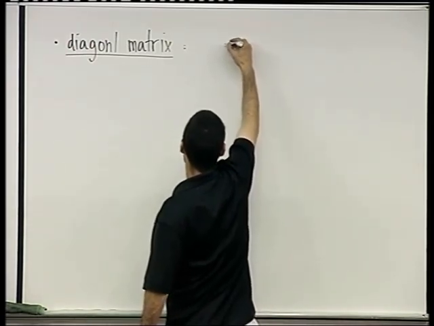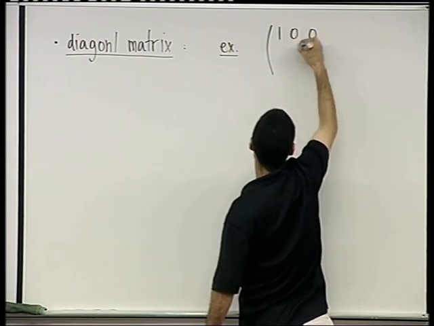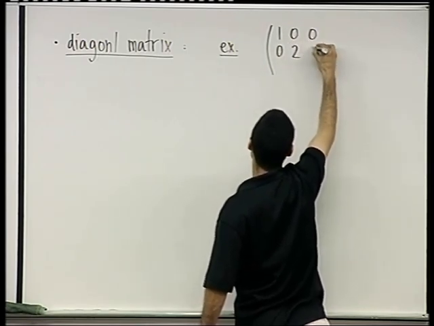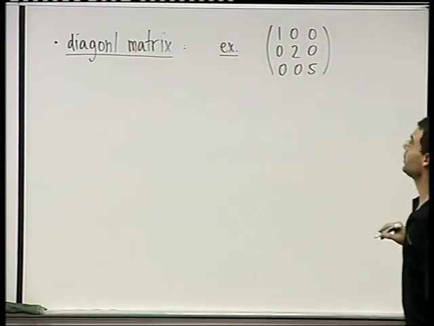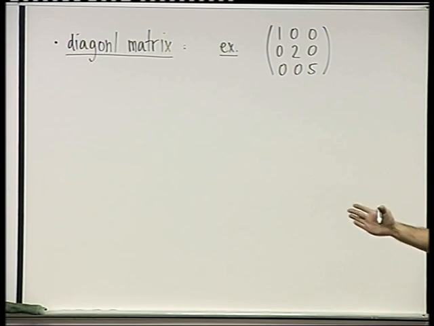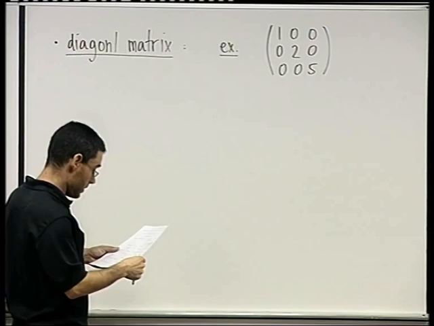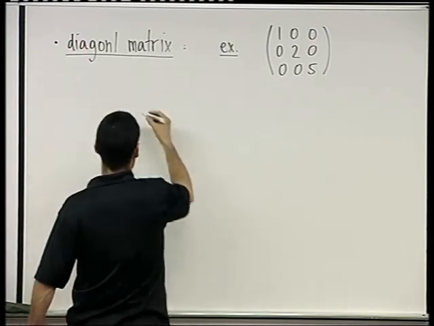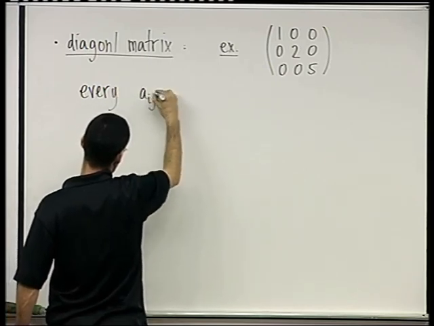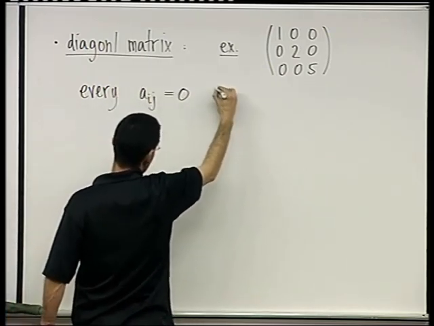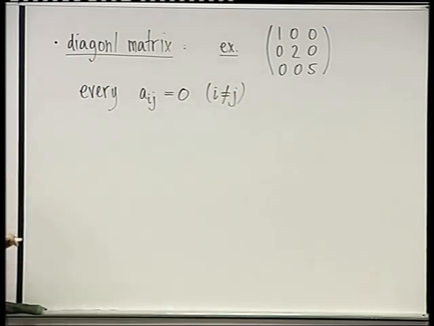So for example, the matrix 1, 0, 0, 0, 2, 0, 0, 0, 5. This is a diagonal matrix. It's not the identity, but all off-diagonal elements are 0. So by definition, every aij equals 0 for i different than j. When i is the same as j, it could be anything.